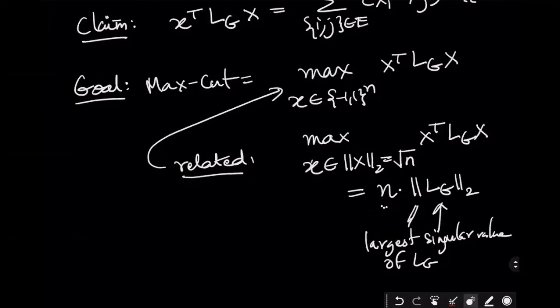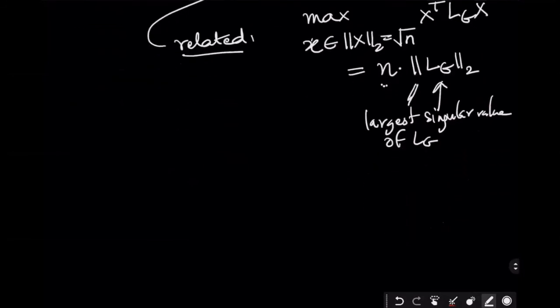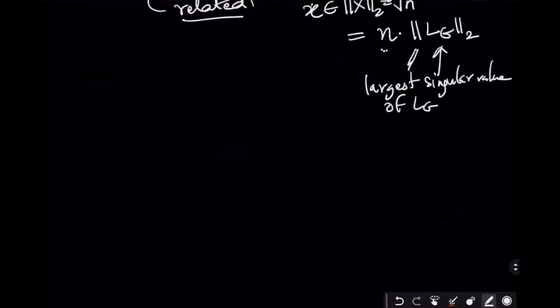So this is an eigenvalue maximization problem. This was easy. We have this Booleanity constraint, and we already know that makes the problem hard, and we found some approximation algorithm. Good. So now what?